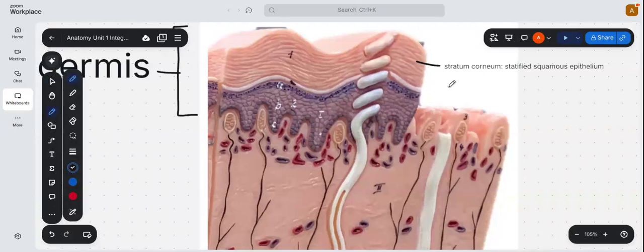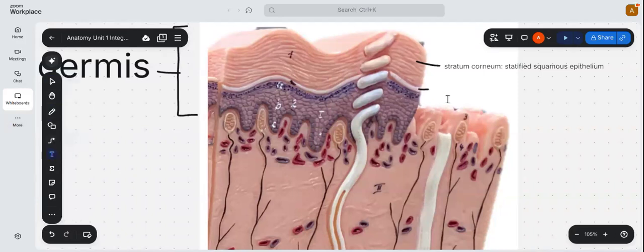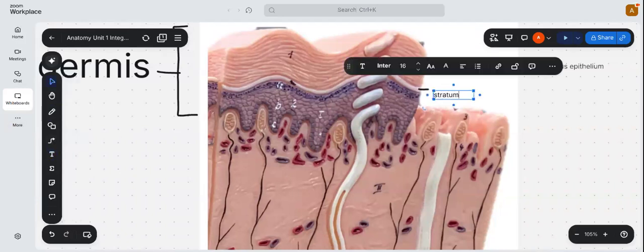Next, we have the stratum lucidum, which is going to be this white or baby pink layer over here. So just that layer. That is, again, stratum lucidum. Stratum lucidum is only in thick skin.